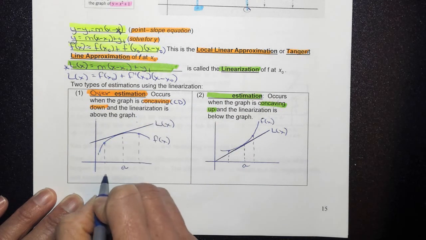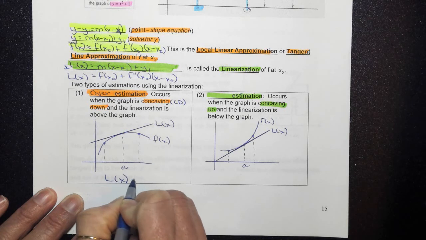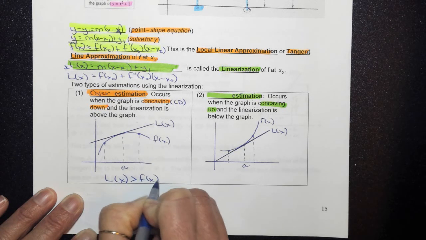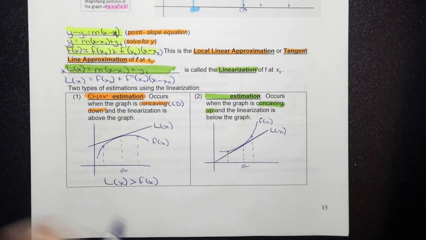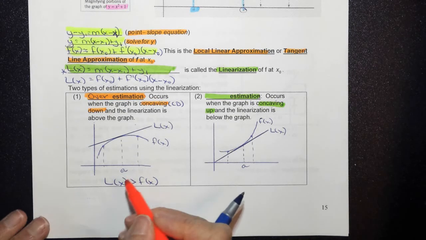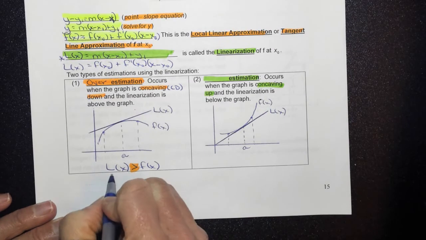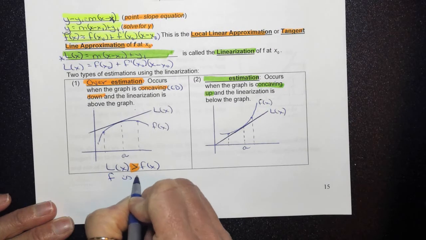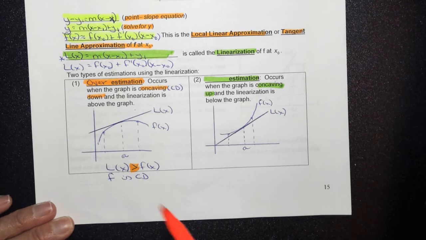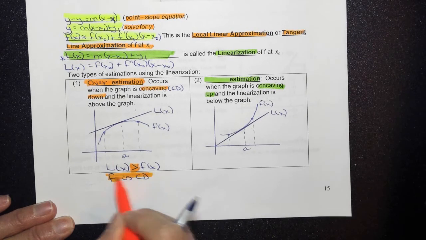So L of x is greater than f of x, and this is when our function is concaving down. The reason would be f is concaving down, if you were asked to justify your answer.